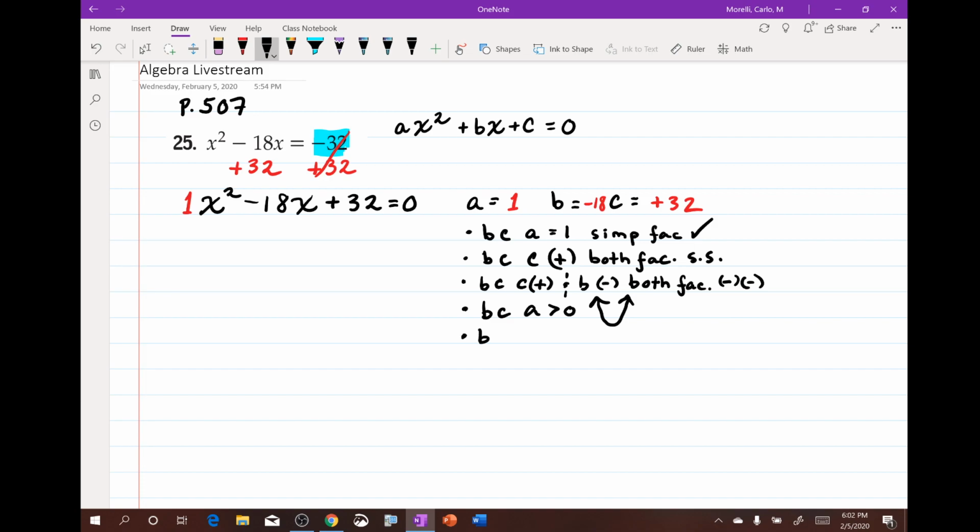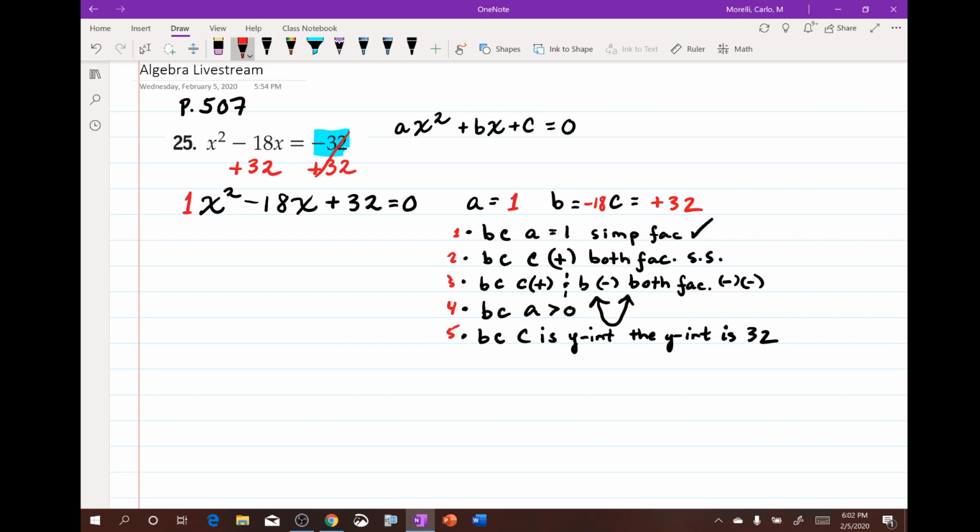And because C is the y-intercept, the y-intercept is 32. So amazingly, we can tell all of this information just by looking at the equation in standard form.